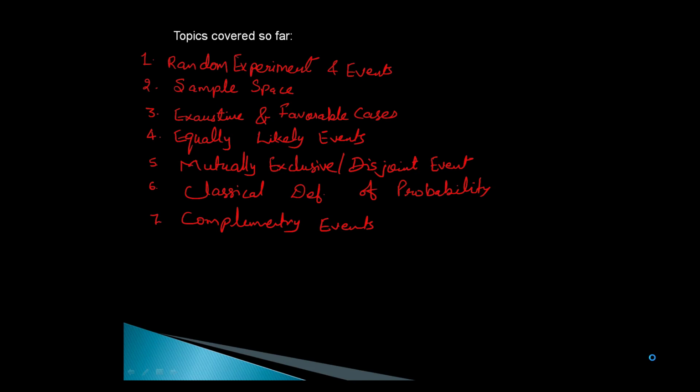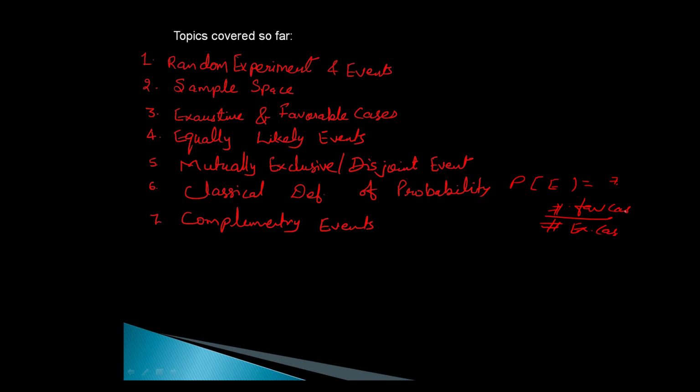And we have also discussed the classical definition of probability, which was given by this formula. We have written that the probability of this event E, or any event, is the number of favorable cases divided by the number of exhaustive cases. So this was the classical definition.